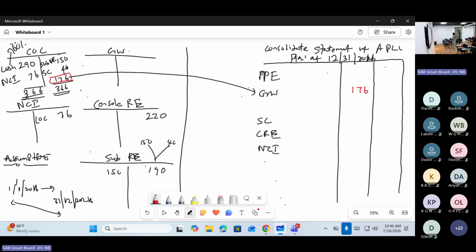a value for NCI. For that, we know that we have the book value, right? Book value means as at the acquisition date, we have the net asset value. Net asset value into the ownership percentage gives the book value.